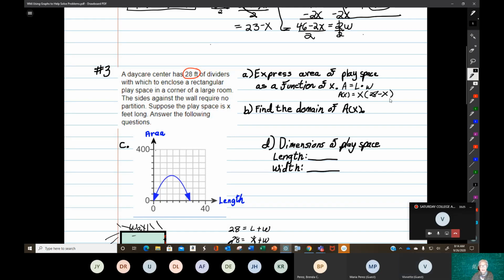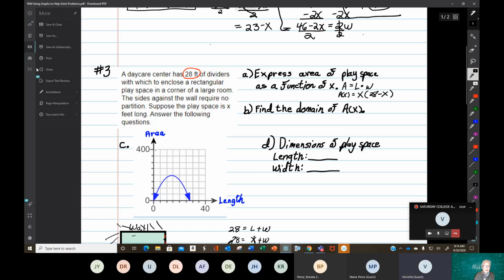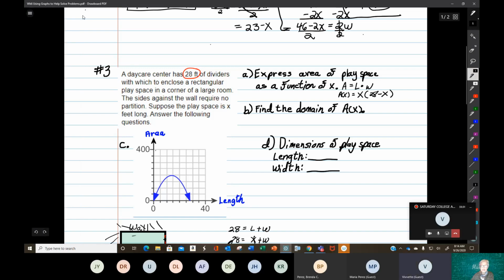Now the second question is a question that you don't normally stop to think of outside a math class. But domain is really whatever you're allowed to let x equal.